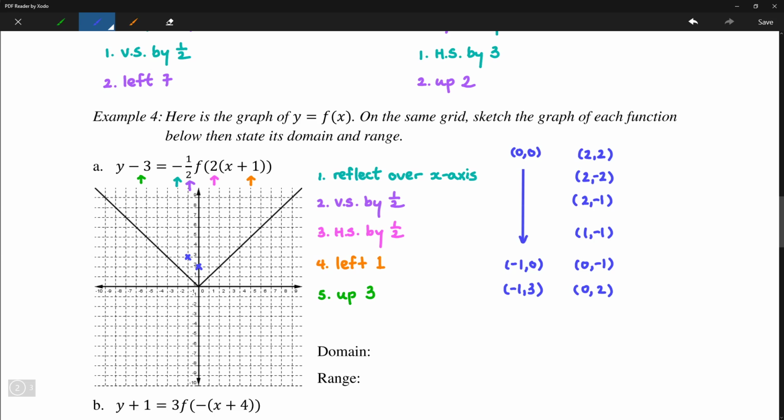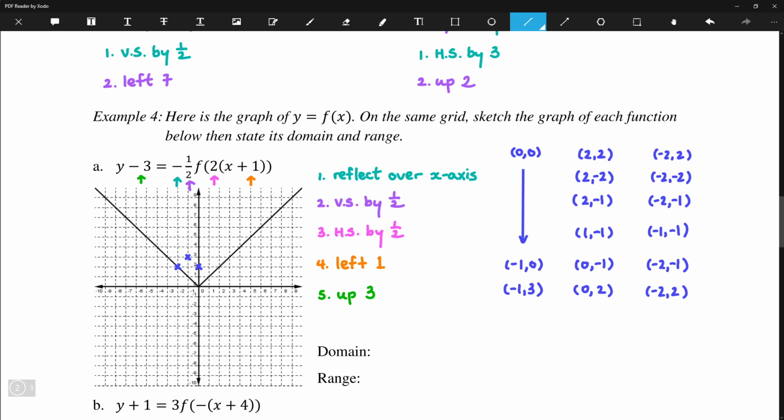Maybe just even negative 2, 2. Very similar, so negative 2, negative 2, negative 2, negative 1, negative 1, negative 1 after the horizontal stretch. And then left 1 will take us to negative 2, negative 1. And finally, the last transformation, up 3 spaces, will take us to negative 2, 2. Okay, so here we are.